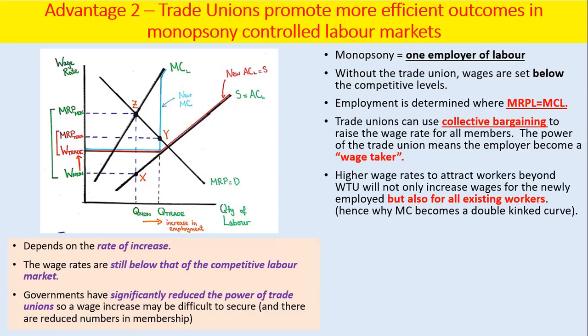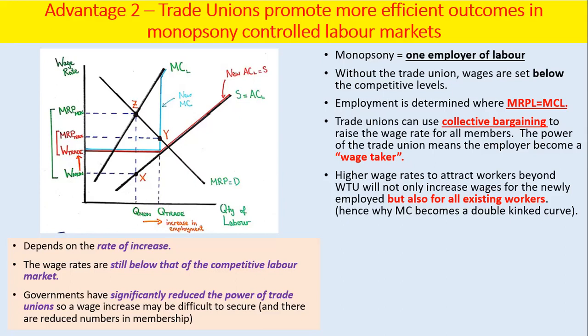Higher wage rates to attract workers beyond that wage rate will not only increase wages for the newly employed, but also for all existing workers. Hence why marginal cost becomes a double kinked curve. So when you increase the wage rates through trade union intervention, even those members of staff who are not with a trade union will also experience the same wage increase.